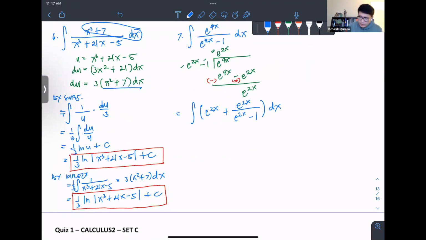Right? So in here, we can have our u be 2x. So its derivative then will be 2 dx. For this one, our u is e raised to 2x minus 1, because I can get the numerator here, which is e raised to 2x, the derivative of 2x, it's 2 dx.